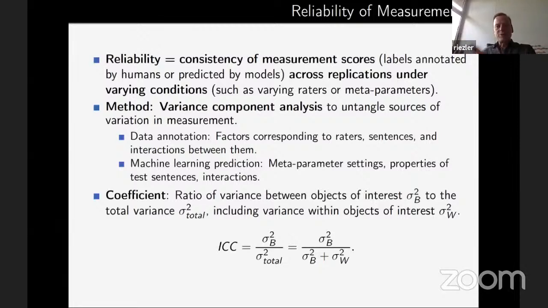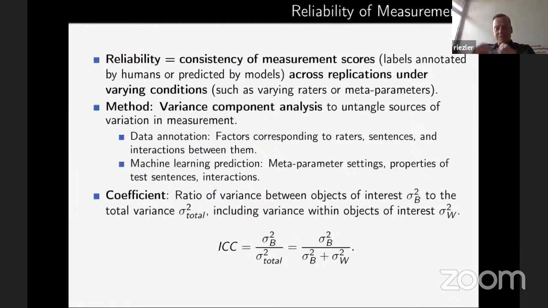The variance between the test sentences should always be greater than the total variance. So it should definitely be greater than the sum of the variance of objects of interest and the non-substantial variance, which is the variance due to metaparameters, raters, or anything else that includes noise in the measurement.